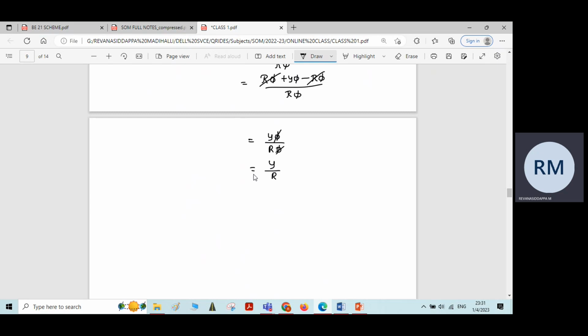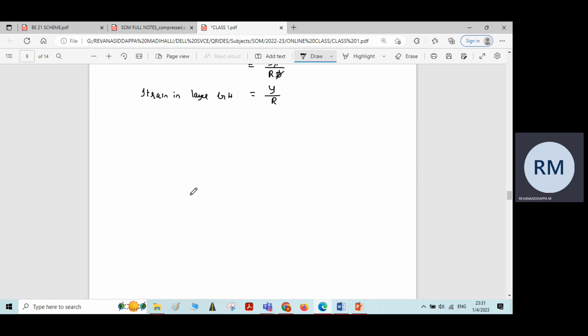Y by R, which is the strain in layer GH. Now we got the strain in layer GH. We know the equation for the Young's modulus. We know that modulus of elasticity is equal to stress by strain.